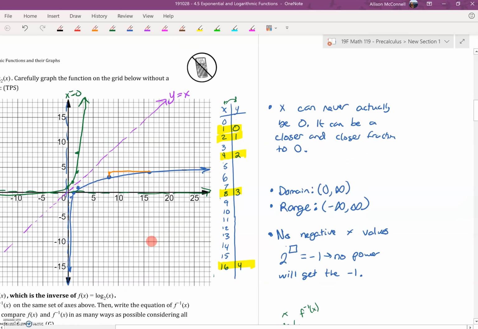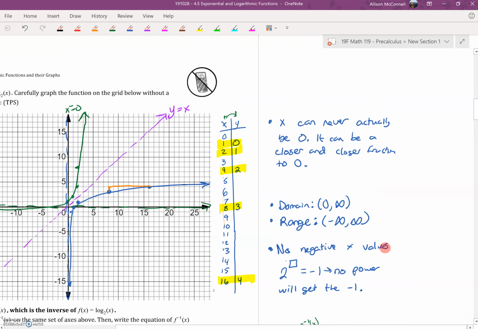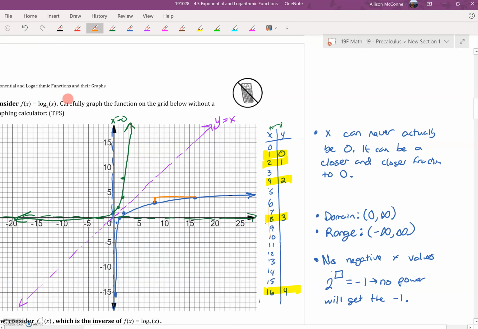Now, one thing you should notice about the logarithmic function is that the domain is from 0 to infinity. We cannot input any x value that outputs anything, because when you have your logarithm, you're saying 2 to what power equals some negative number. That's not possible.